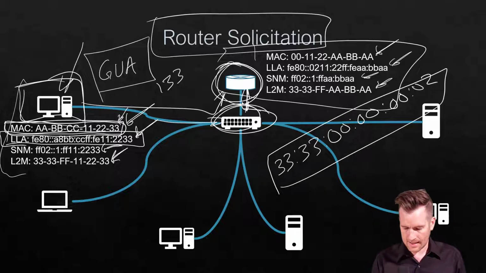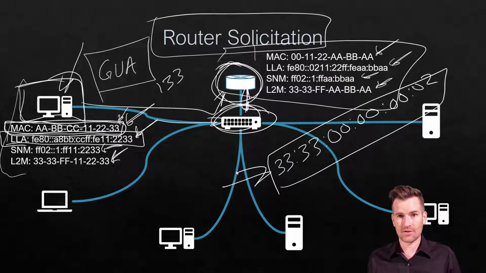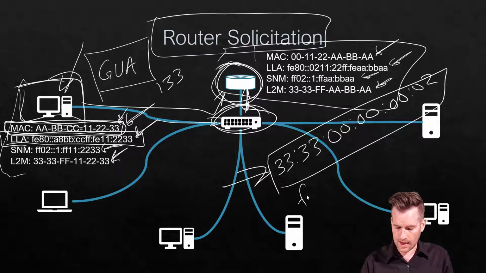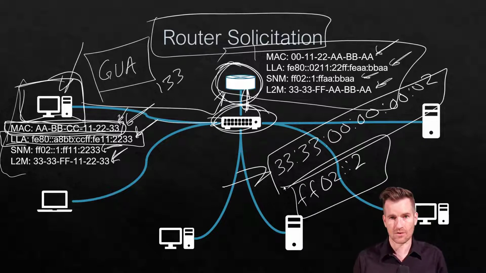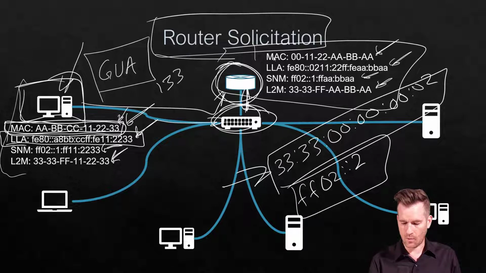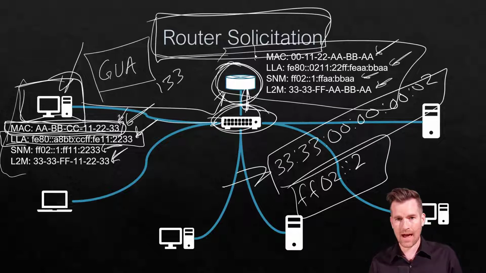So that is the destination layer 2 address, and the associated layer 3 address will be in the destination layer 3. So that will be FF02::2. So that will be the layer 3 destination right there. So that is the router solicitation packet or frame that gets sent out from this machine.